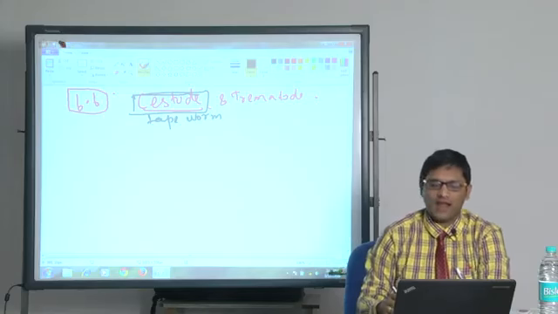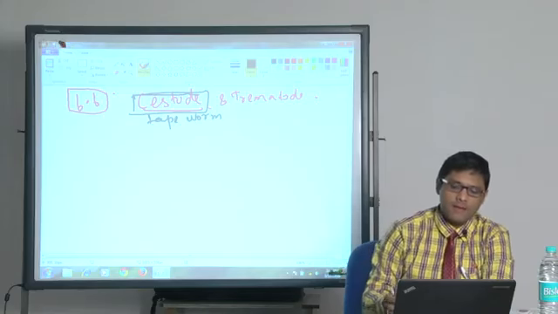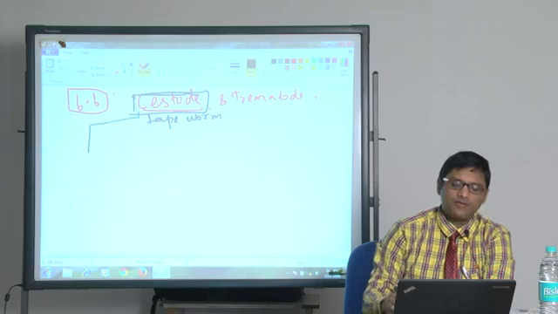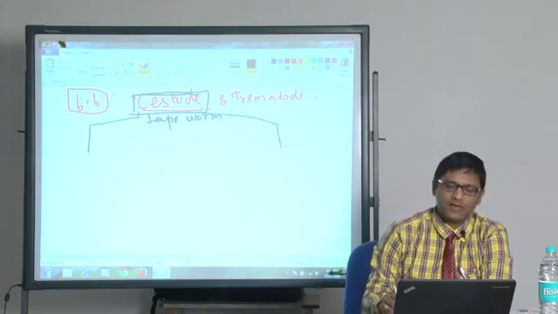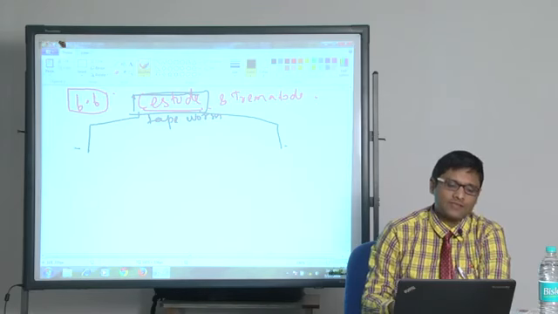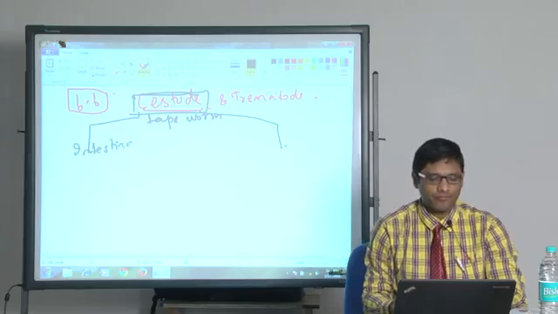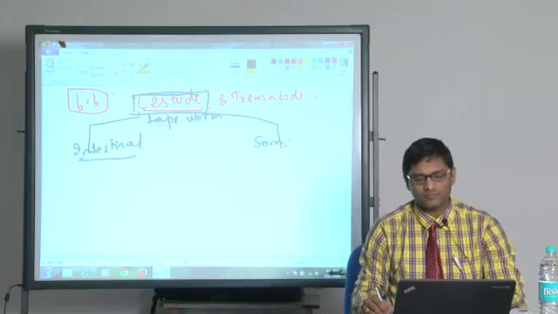They are flatworms, and the classification of cestodes is based on habitat. You can classify as intestinal cestodes and somatic cestodes.